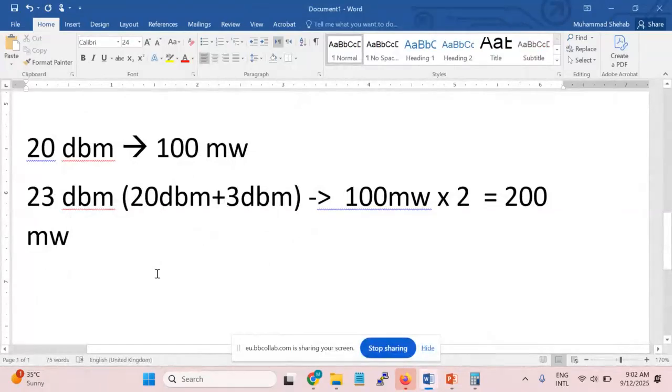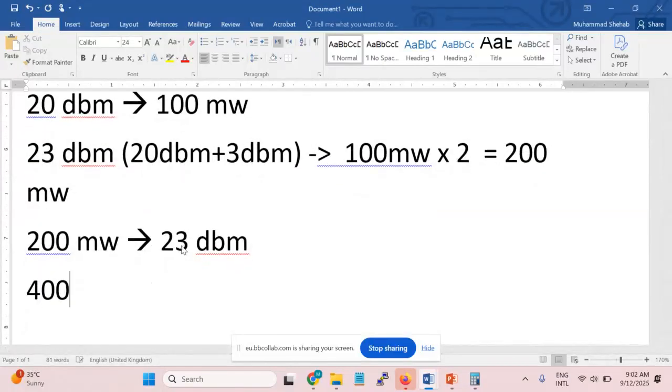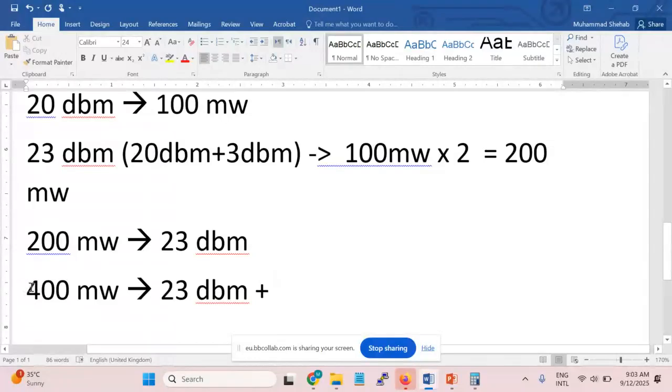Let us solve it together. 200 milliwatt gave me 23 dBm. 400 milliwatt, how much will it give me? 23 dBm plus, how much did I multiply here? By 2. I multiplied 200 by 2. So I will increase by 3 dBm, which equals 26 dBm.